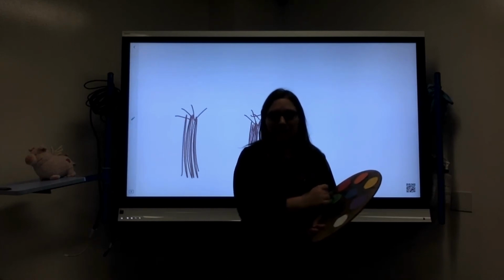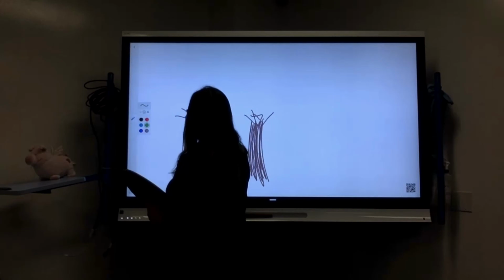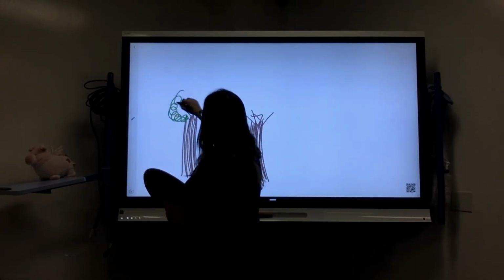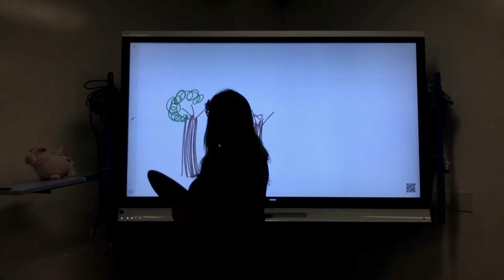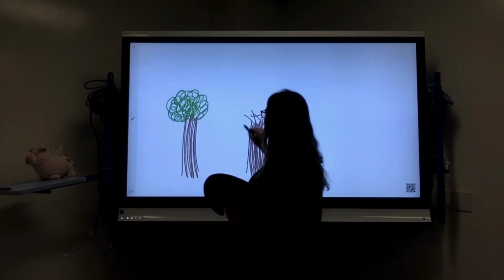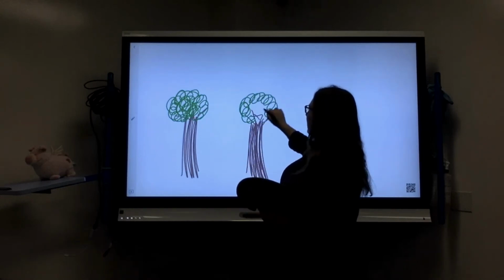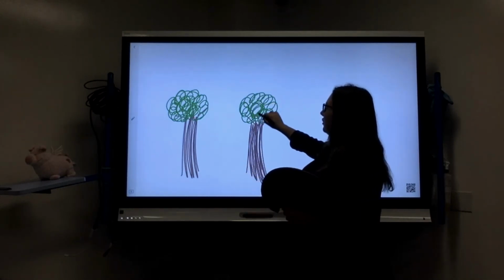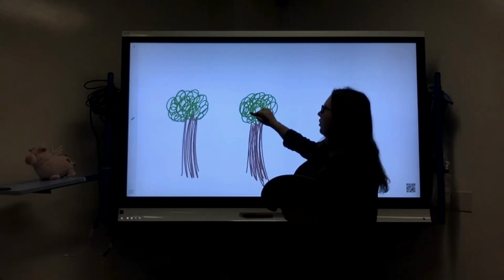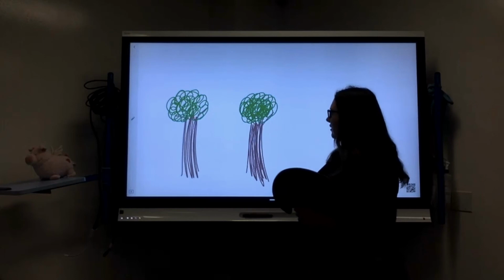Now let's get that Play-Doh green. I'm just gonna draw in some happy little leaves there. And if I want this tree to be congruent, it also needs happy little leaves. And look, even if you won't be friends with the tree, at least they have each other to be friends.